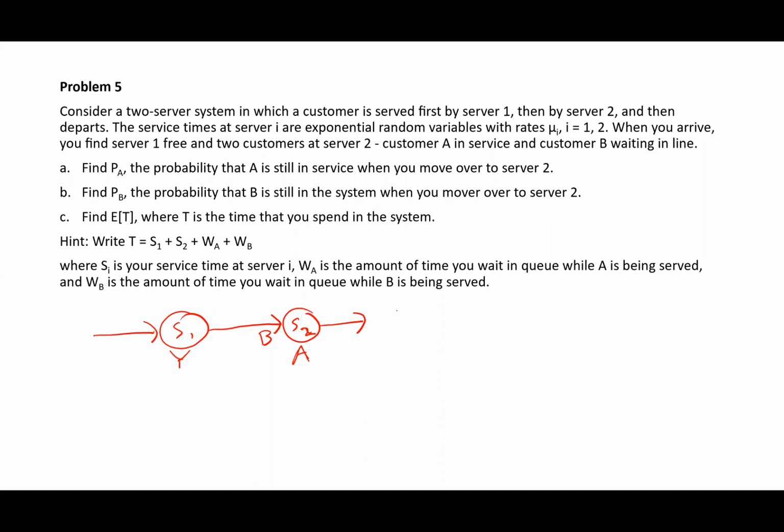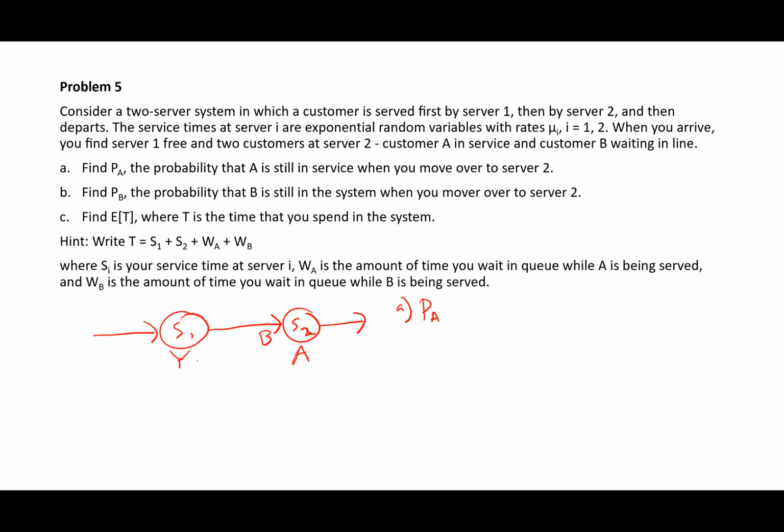The first thing I want to find is PA. This is the probability that A is still in the system, still in service when you move over to server 2. Okay, so let's look at how we're going to calculate that. The only scenario in which A is still in service when I walk over to server 2 is when I'm in server 1 and A is in server 2.